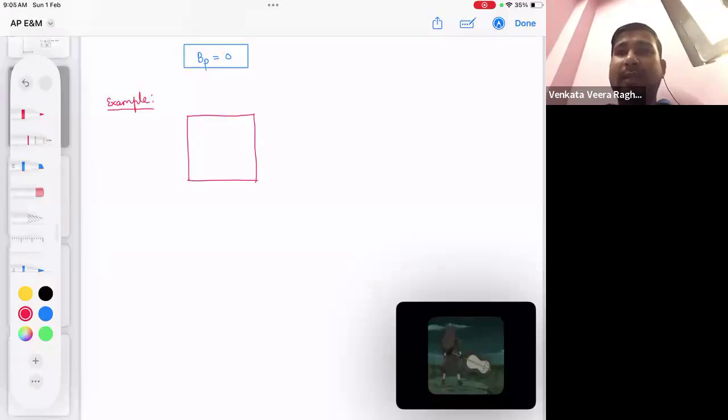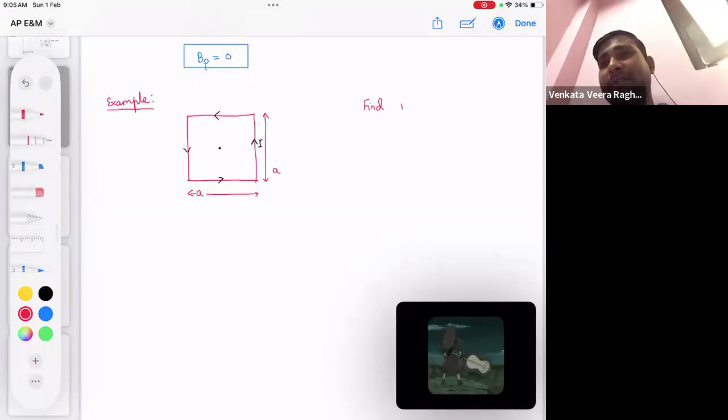And the side of the square is given as A. This is also given as A. And current is flowing in the square loop like this. Same current I is flowing everywhere. We want to calculate the magnetic field at the center of the square.